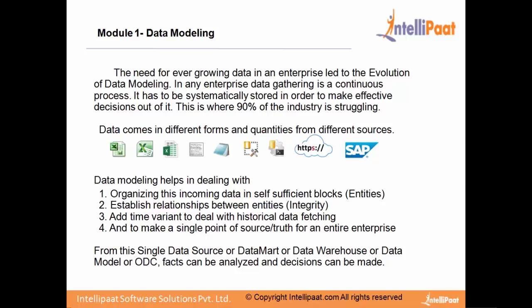So this data model will be, going forward, our single point of source or truth for the entire organization. This data model can be called a data source or data mart. In some organizations it can be called an ODC, operational data center, or simply a data warehouse.